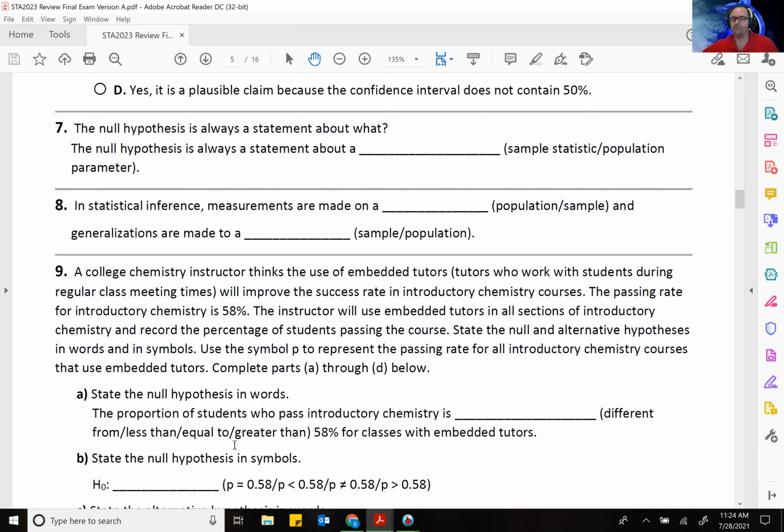So we perform measurements with samples and generalizations are made about the population. Nice. Everyone okay so far? Perfect. Moving on.